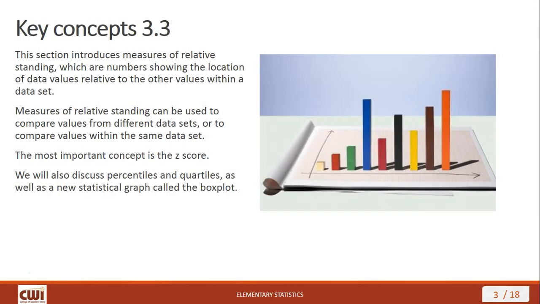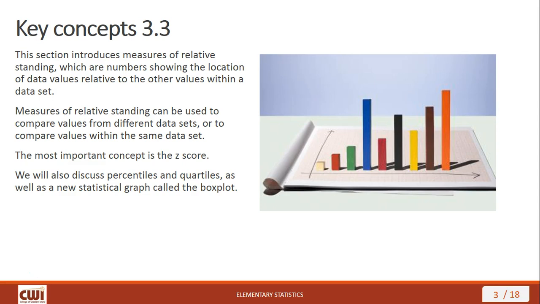Key concepts in this final section of Chapter 3 are to introduce measures of relative standing. So we've looked at measures of center, we've looked at measures of variation in order to describe distributions of data, and now we're going to take a look at measures of relative standing. These are numbers that show the location of data values relative to other values within the data set.